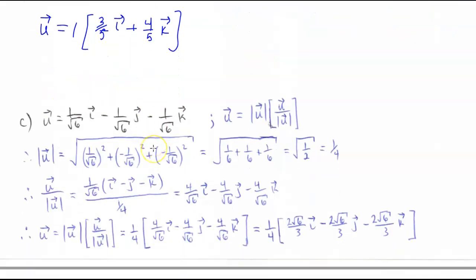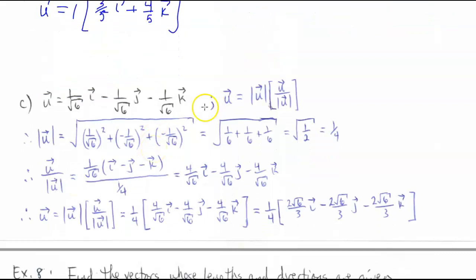All right, so for example C, we have a vector that has an i, j, and k component, which means it's built with components going in the x, y, and z direction. So here we remind ourselves that a vector u can be written as its magnitude times the unit vector.